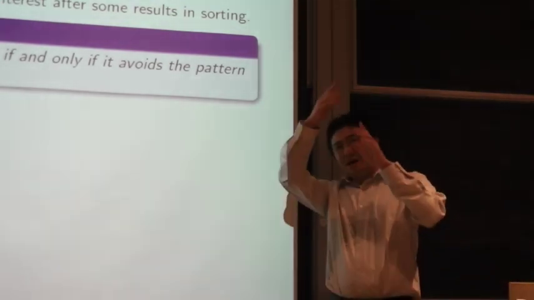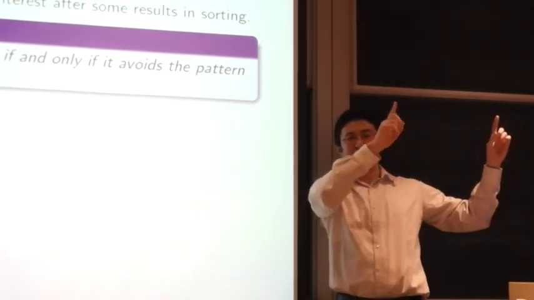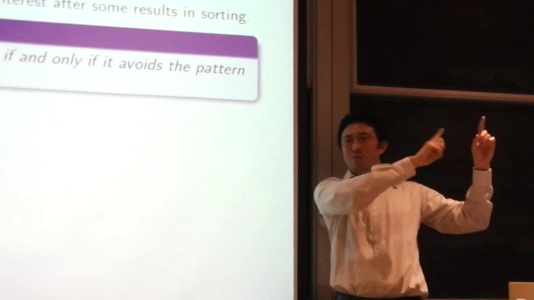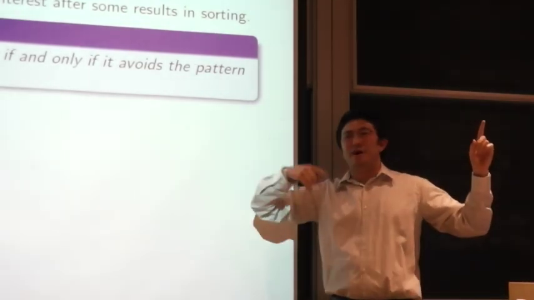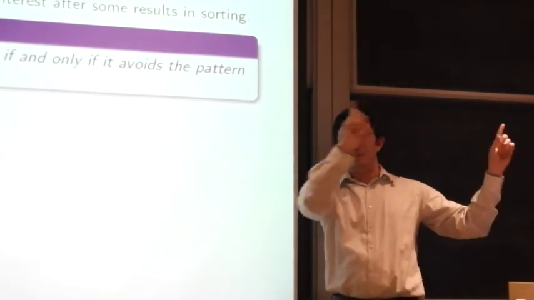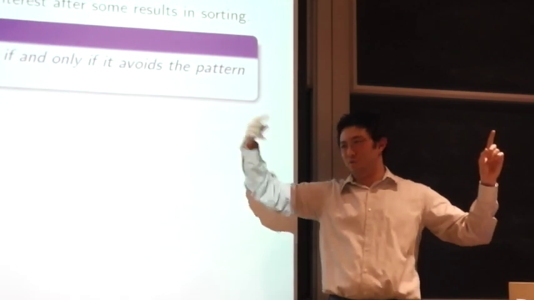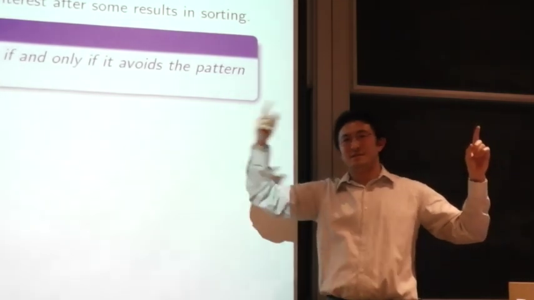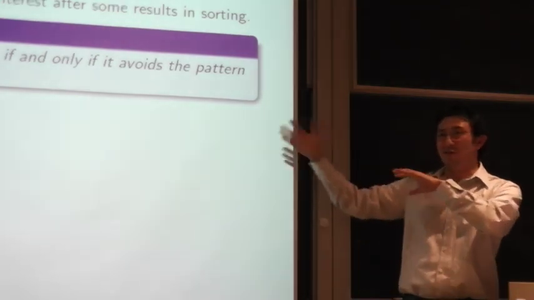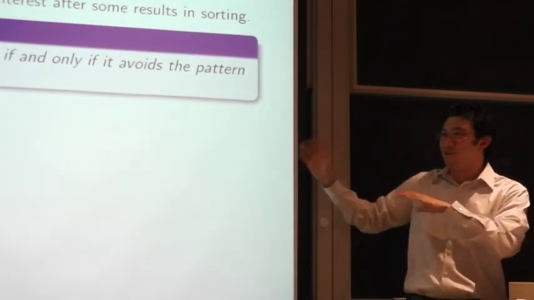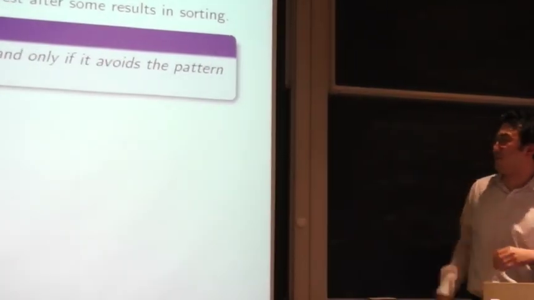Yeah, so if you have a data structure, a stack, and you have a permutation, you read off entries of the permutation one by one, and stick them into the stack, and you can pop them off as necessary, but you can only read through your permutation once, and you want to come out on the other side with a sorted permutation. So if you're able to sort it with a stack. This won't be the emphasis of my talk at all. If that doesn't make any sense, it won't affect the rest of the talk.